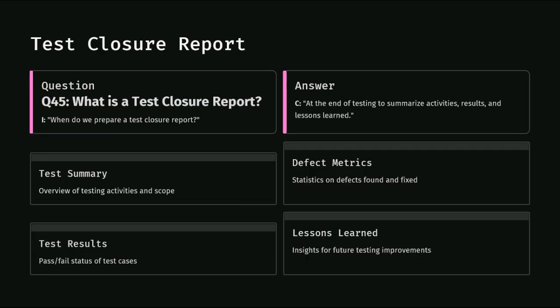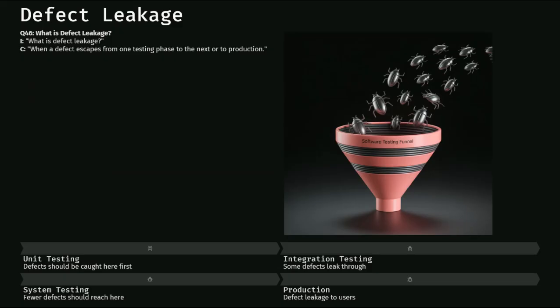Question number 45. What is a test closure report? When do we prepare a test closure report? Your answer will be at the end of testing to summarize activities, results, and lessons learned. It covers the test summary, defect matrix, test results, and the lessons learned. Next is, what is defect leakage?